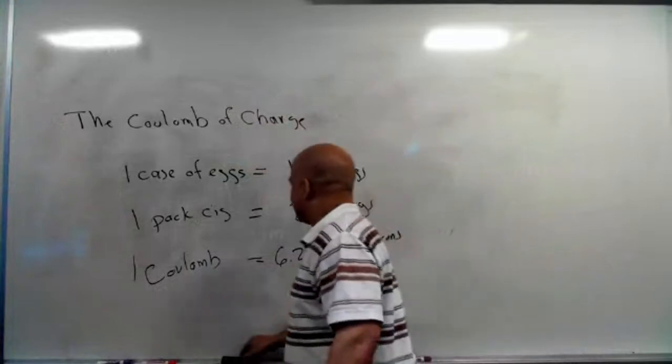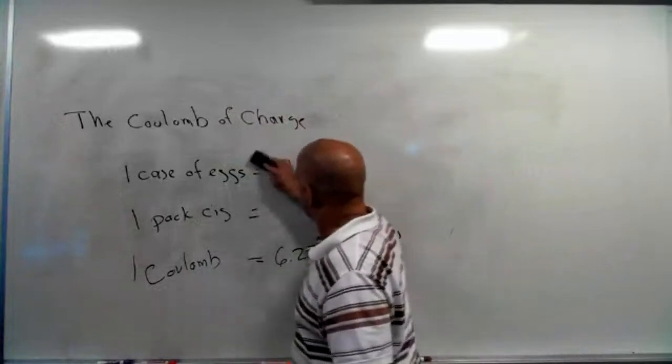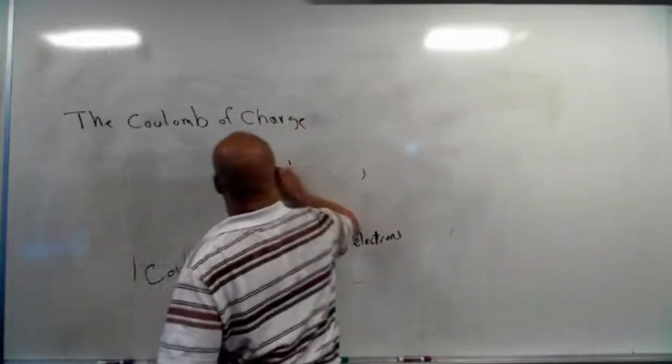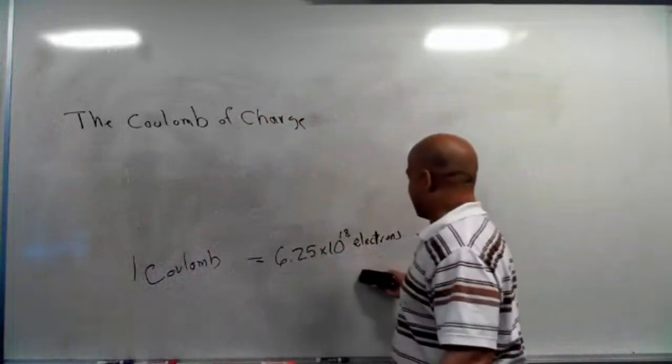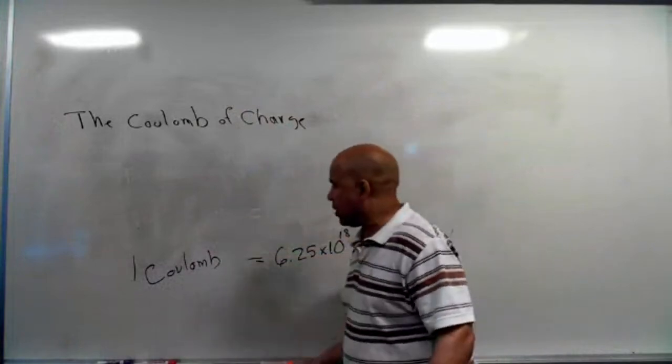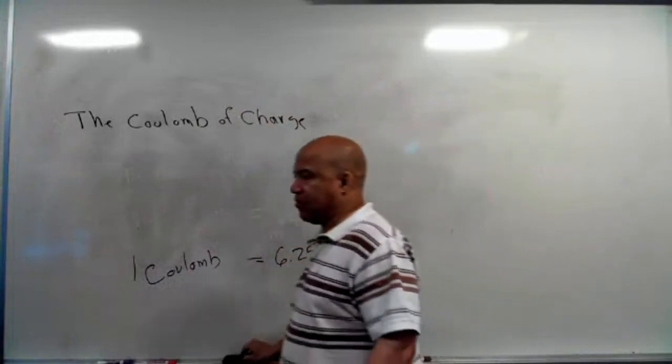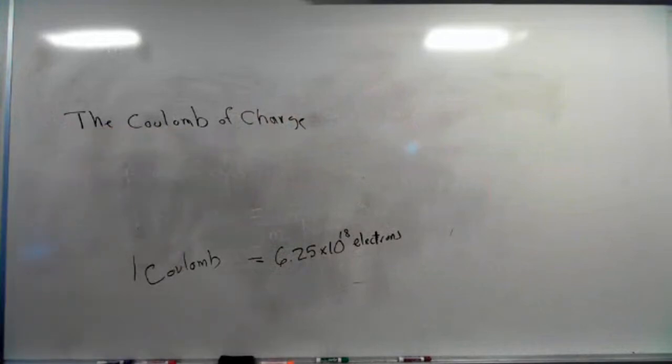Now, knowing this, if you know how many electrons you have, you can convert it to coulombs. If you know how many coulombs you have, you can convert it to electrons. So on your blackboard, there is this sheet. Guys, in the upper left-hand corner, there's a little square with a magnifying glass on it. If you click that, you'll be able to zoom in on this document.